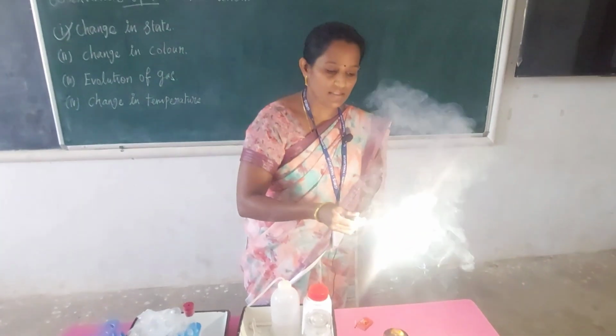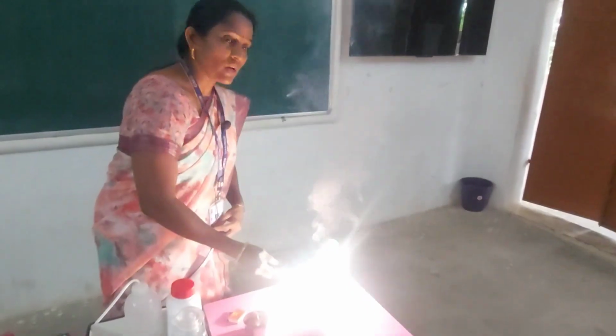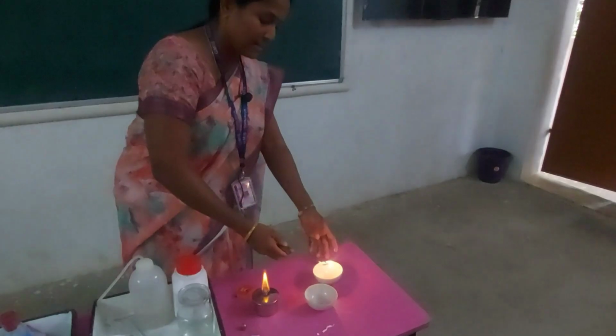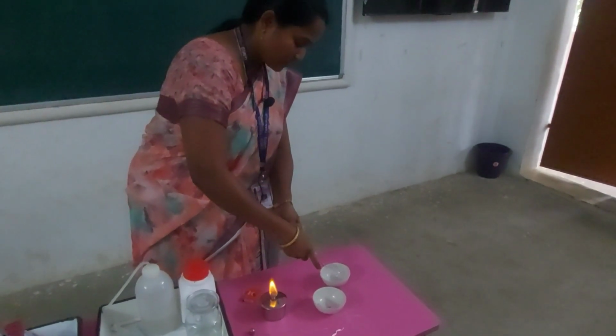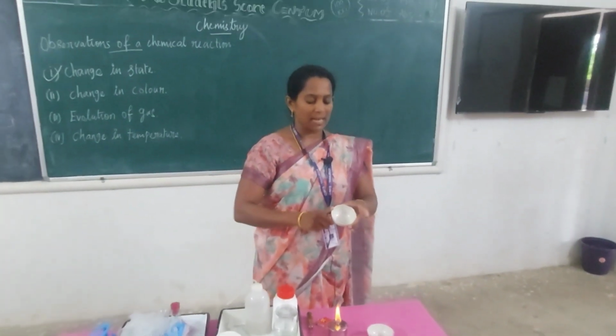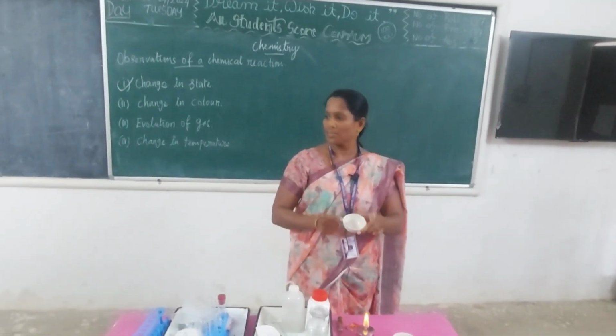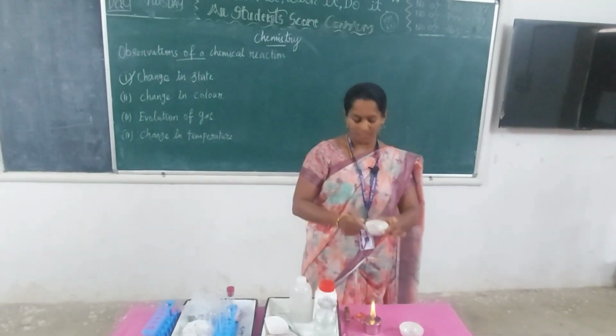Magnesium burns with dazzling white flame and changes into powder of magnesium oxide. The formation of magnesium oxide is due to the reaction between magnesium and oxygen present in the air.